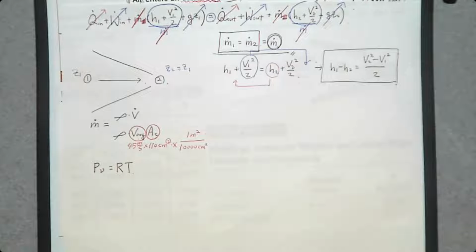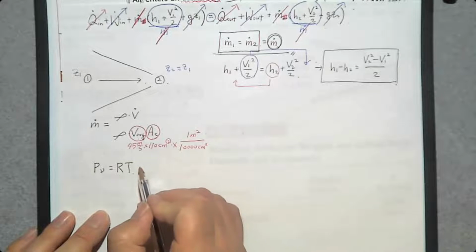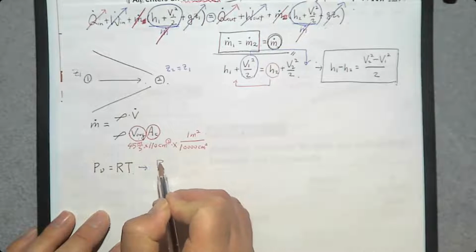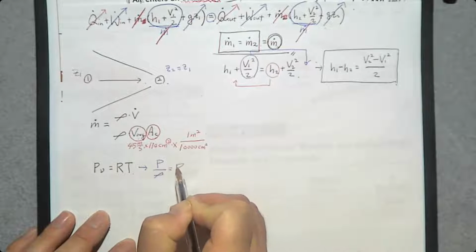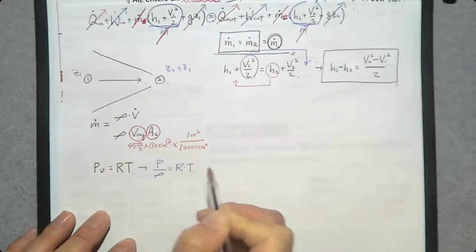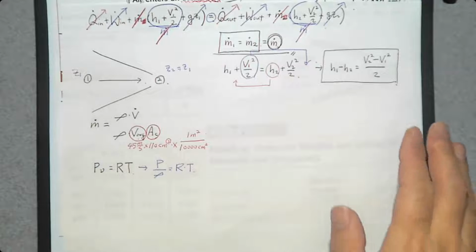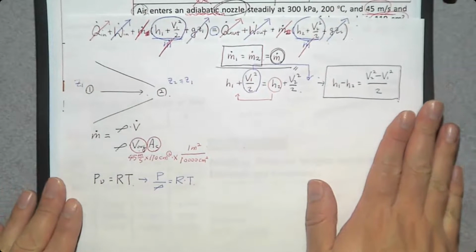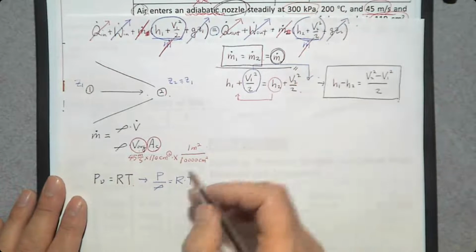And this v, this lowercase v, is the specific volume, which is the inverse of the density. So we can rewrite this as pressure divided by density is gas constant times temperature. In this problem, we know the pressure that is given, 300 kilopascal.